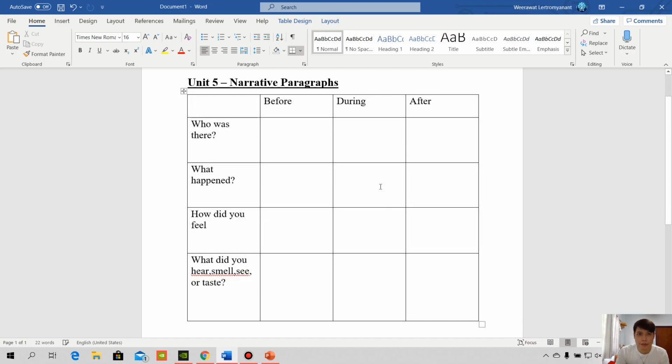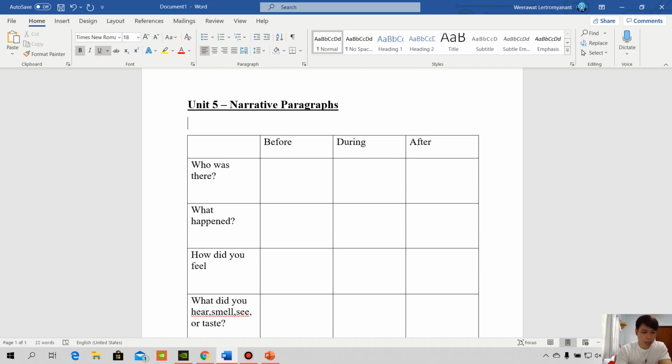Okay, so now you have to add some information, but first of all you have to think about what your challenging situation is. Choose any story you like, it can even be a ghost story. For example, my challenging situation is seeing a ghost at the temple.